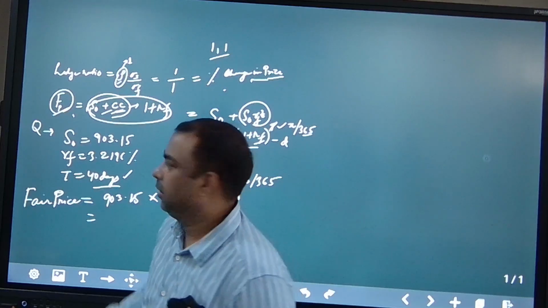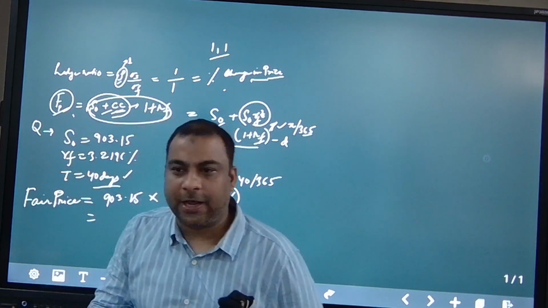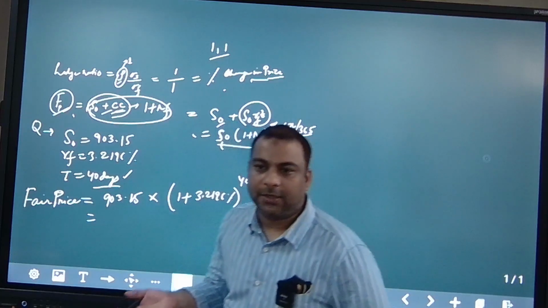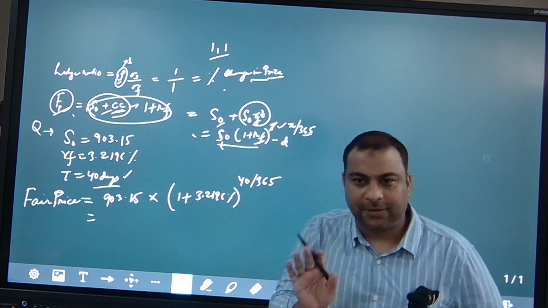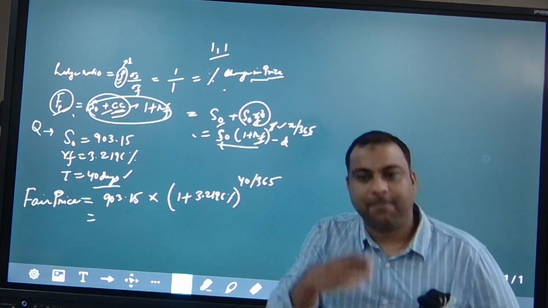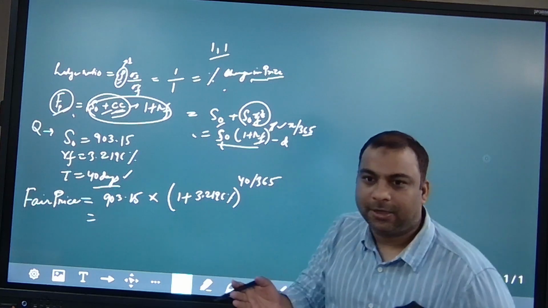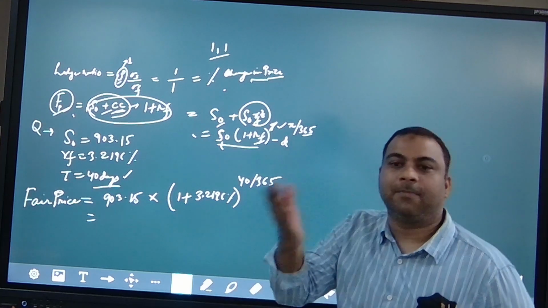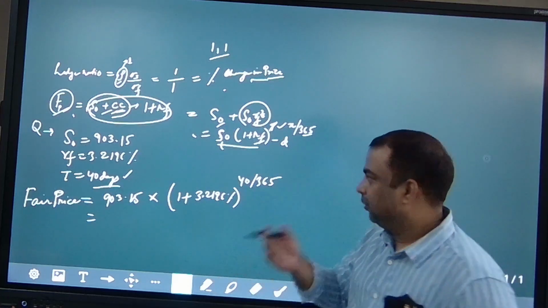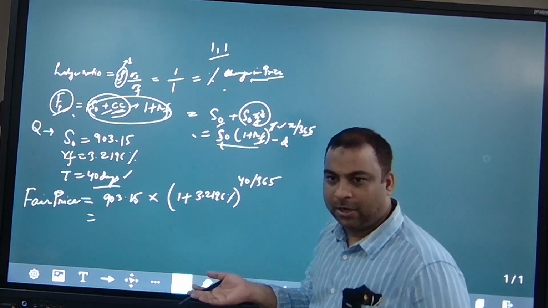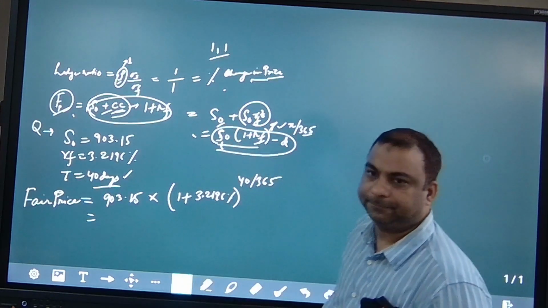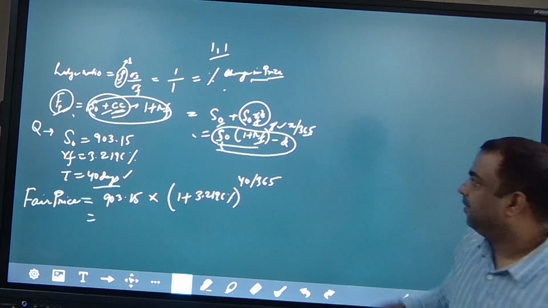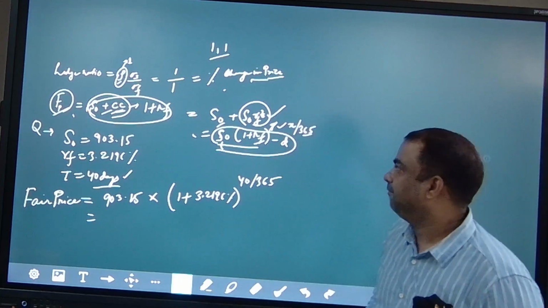Simple model. The future price is equal to spot price plus cost of the carry. Now, we have two types of interest rate. Simple interest rate, compound interest rate, and continuously compound interest rate. So, we have simple compounding. For compounding, we use this formula. Yes, this one.